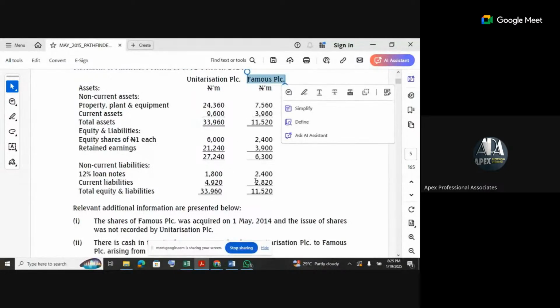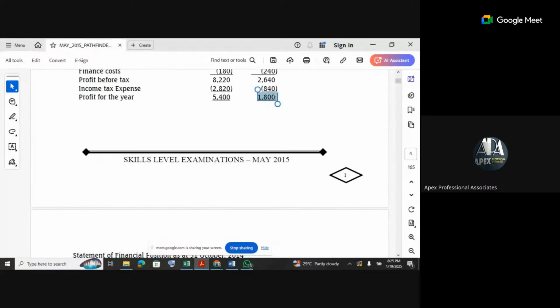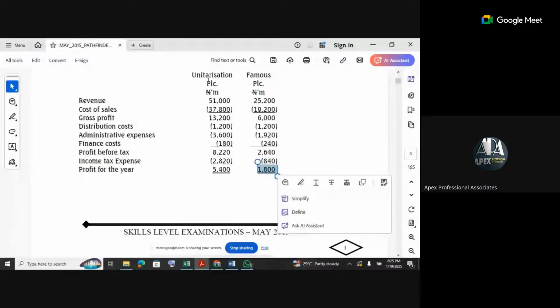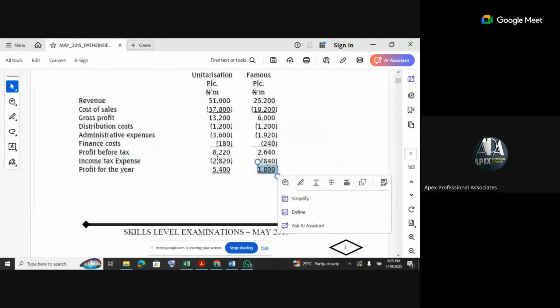Famous has a profit for 1 year, but you have not owned this company for 1 year. It's only 6 months that you bought this company. Of the year, 6 months is before you bought Famous and 6 months is after. That's what they call post-acquisition. Acquisition is when you buy something. After the acquisition, there are 6 months.